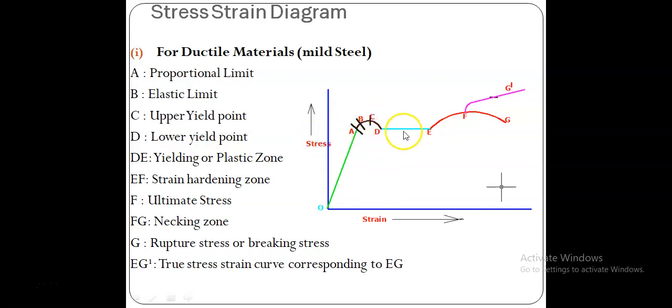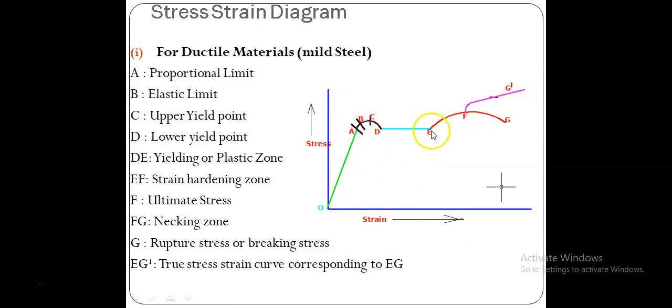Once it attains the yielding zone, there will not be any increment of stress, but strain only increases, permanently. What is the yielding zone? It is nothing but the strain increasing without increment of stress. So at D there is constant stress, but strain rapidly increases. This is called the yielding zone.